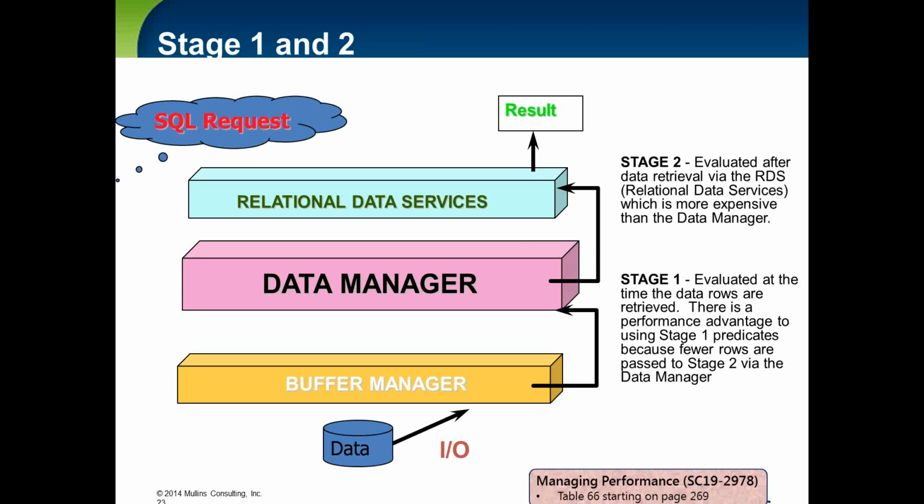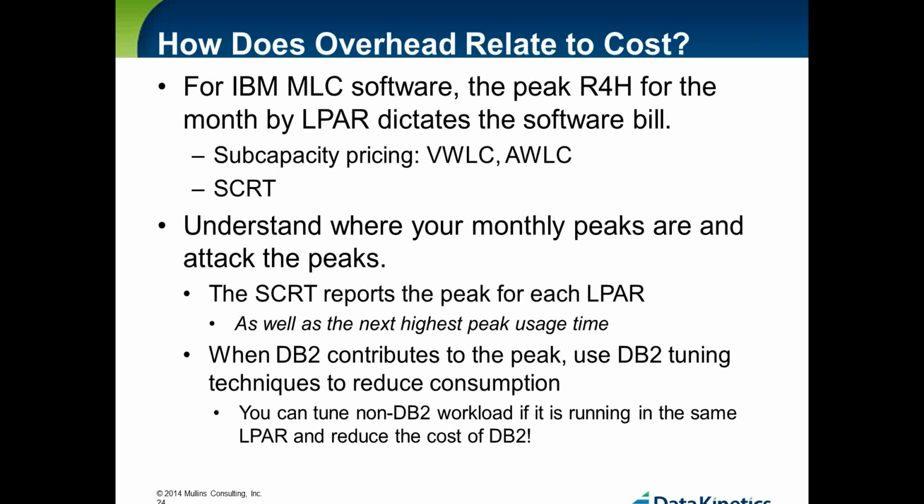When DB2 contributes to the peak, using DB2 tuning techniques to reduce consumption and reducing I/Os to improve performance can help you improve your bill and reduce it. And you can even tune non-DB2 workload if it's running in the same LPAR and reduce the cost of DB2. So think about it in those terms when you're looking at cost reduction, not just performance tuning DB2, but what else is there.